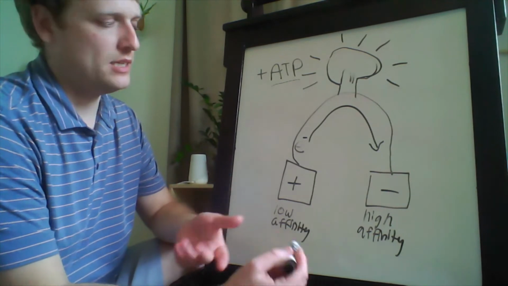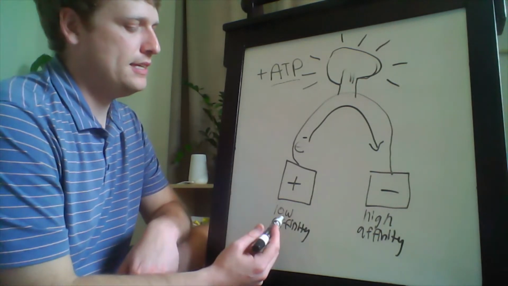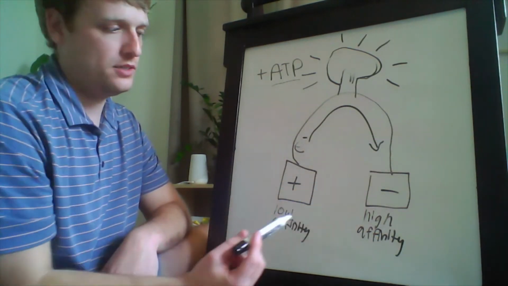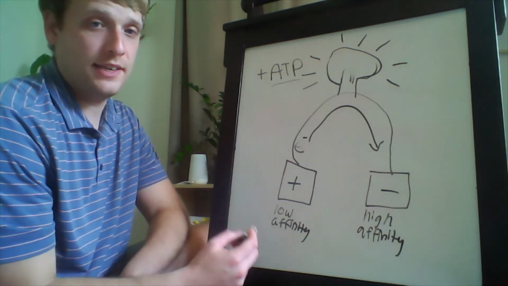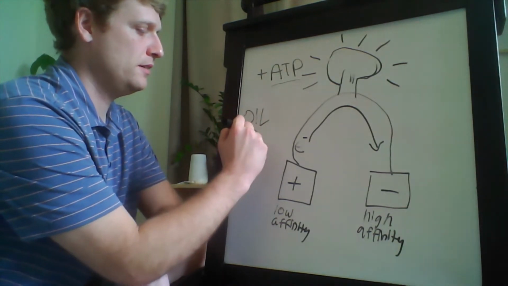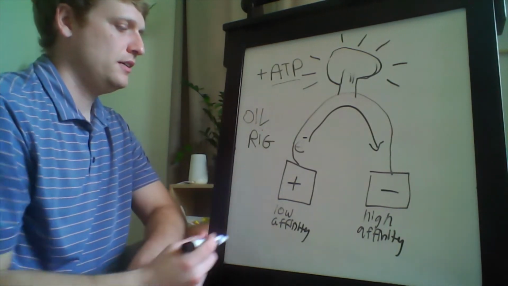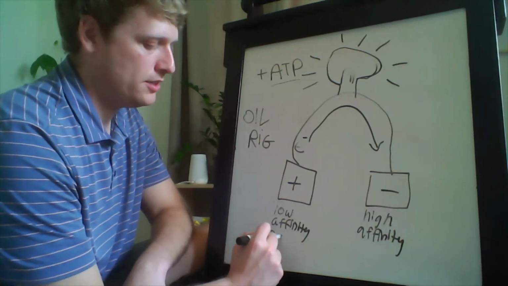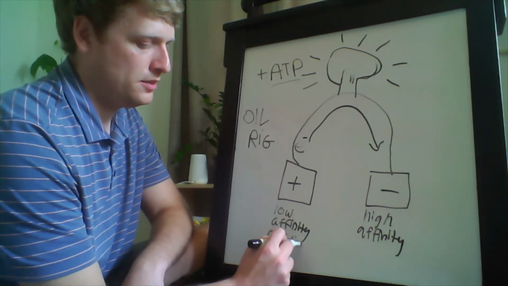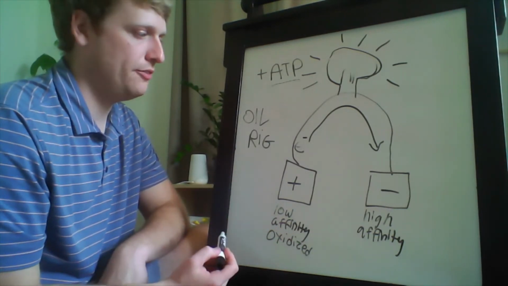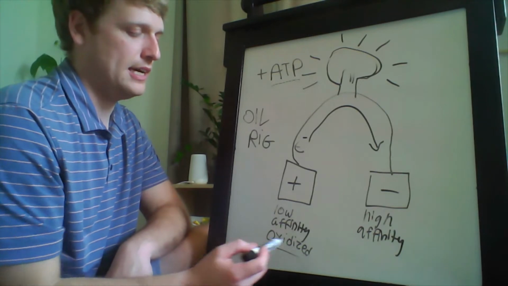One last thing about this battery analogy is that in this case, the low affinity substance that's losing the electrons, because oxidation is loss, if you go back to OIL RIG, the substance that's oxidized is going to be losing electrons. So this substance that has a low affinity for electrons is going to be oxidized.